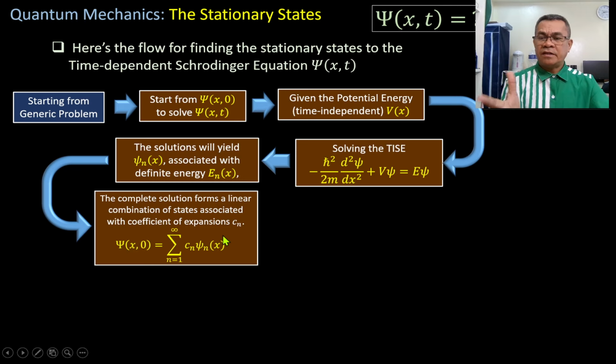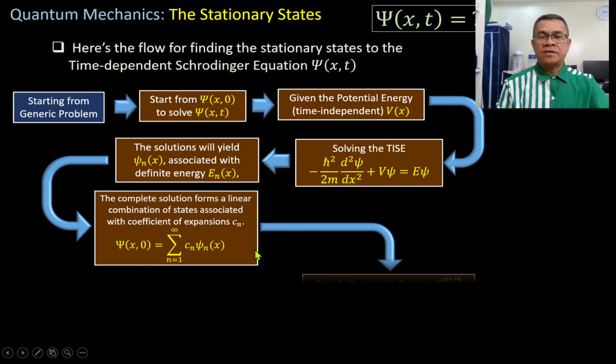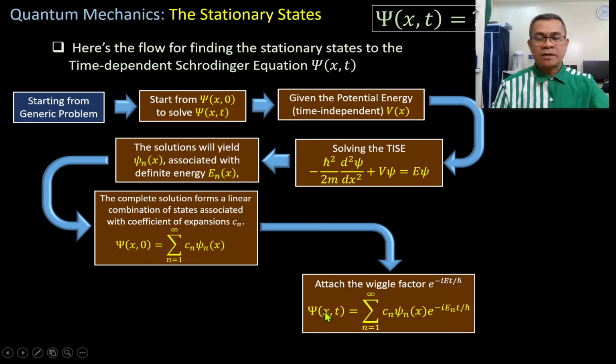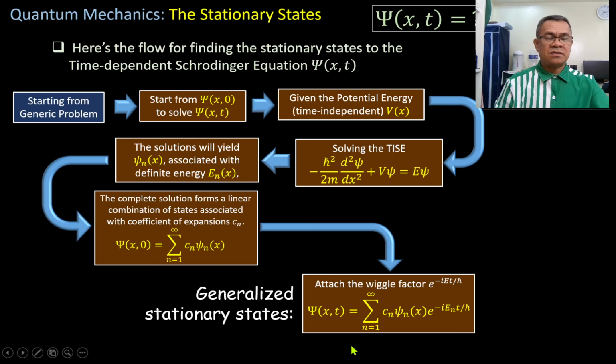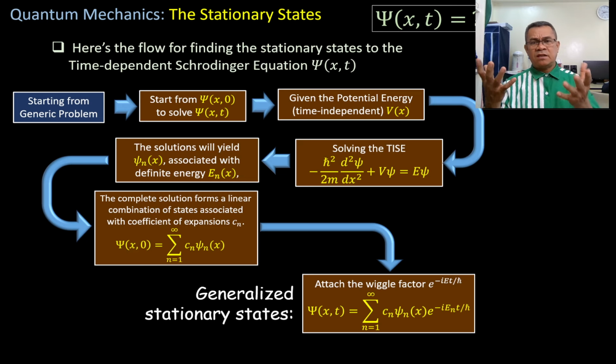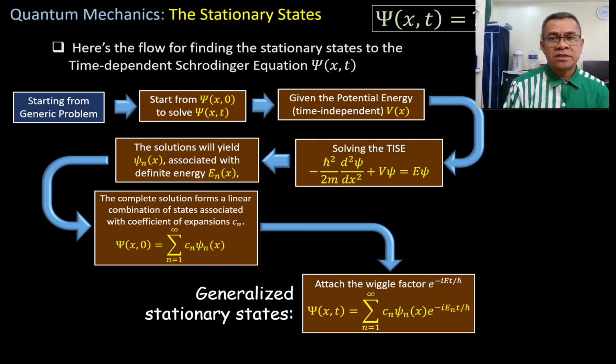Okay? Then after that, if you have that result, attach the wiggle factor and we call this the generalized stationary states. I call this generalized because this is the generic flow, the usual flow, in order to solve for a system that has the stationary state capability.